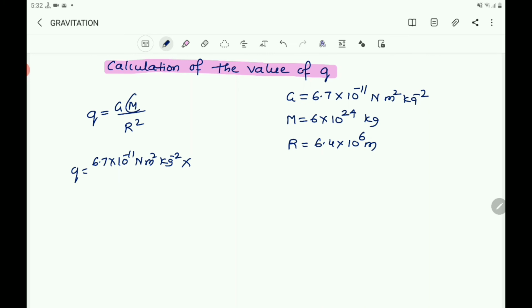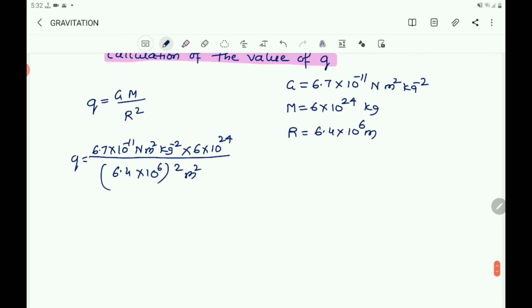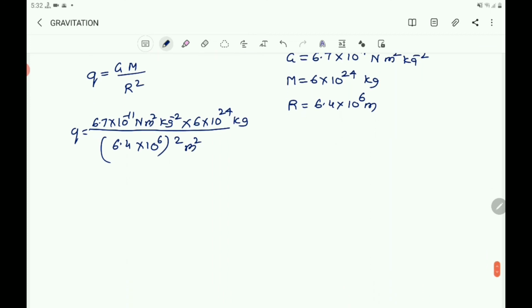Into M, M is 6 into 10 power 24 kg because it is the mass of the earth, divided by R square, 6.4 into 10 power 6 whole square, m square.